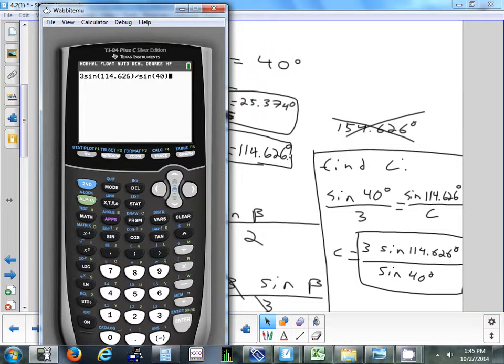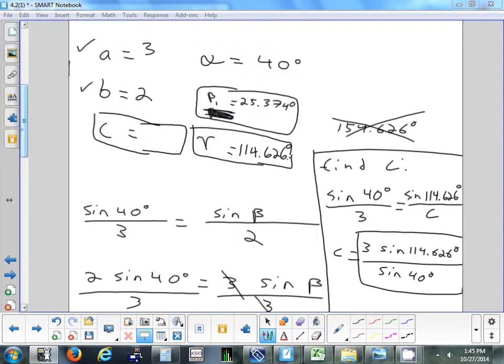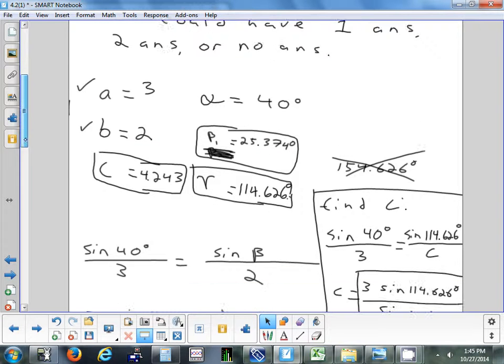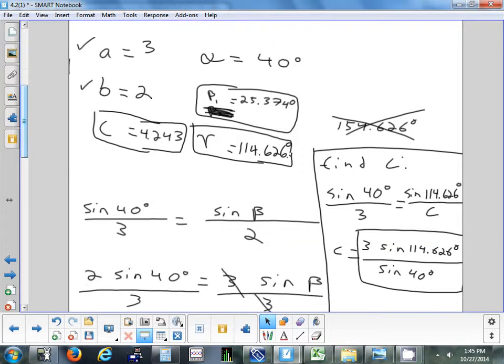Did you round to the third place correctly? It goes up to 4.243. And that's it. When there's only one solution, it's actually not any worse than the other ones. But when there's two solutions, it takes a little longer.